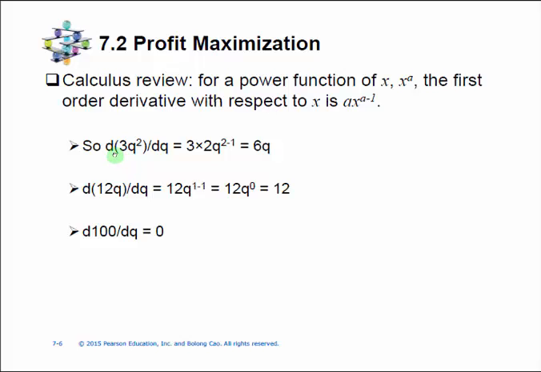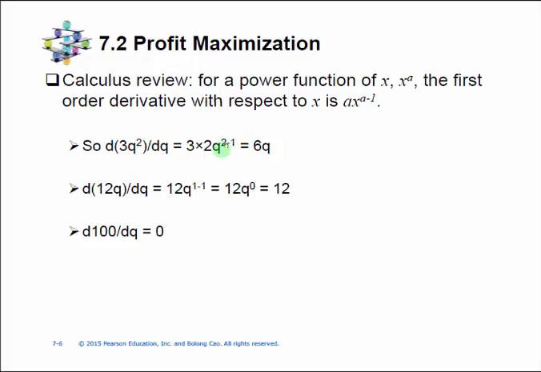First I differentiate 3 times q squared with respect to q. What is going on is that 3 is still here. It's part of the coefficient on q, and it's really the q squared that is being differentiated with respect to q. So the power comes down as a coefficient standing before q, so it is 3 times 2 times q to some power.